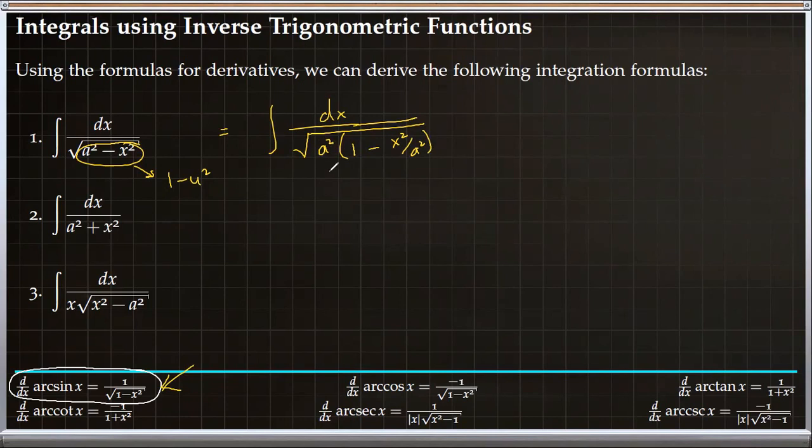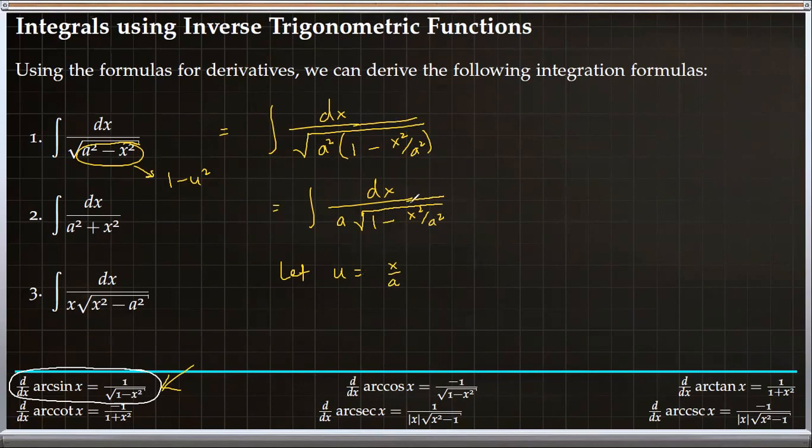And we have the square root of a squared, so I can pull a out since the square root of a squared is simply a. So we have 1 minus x squared by a squared. So this becomes of the form 1 minus u squared if I let u be x over a.